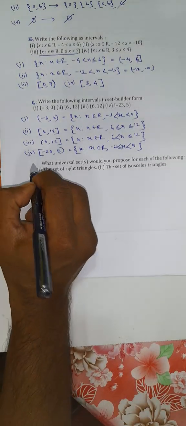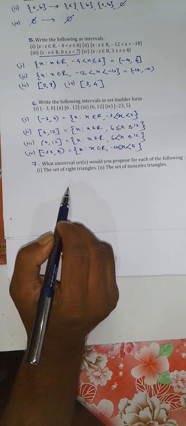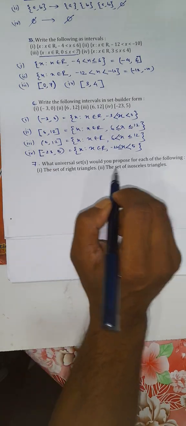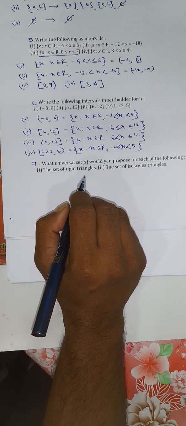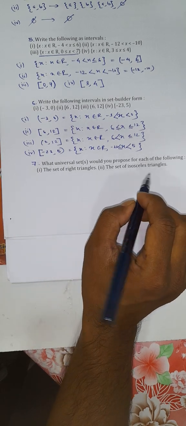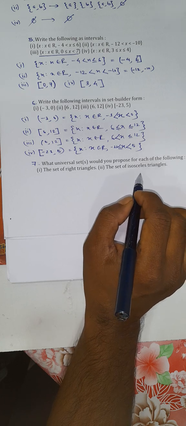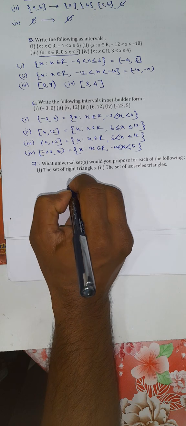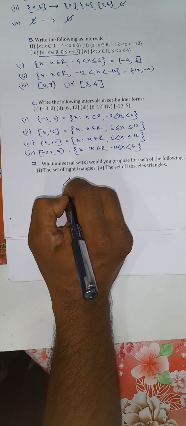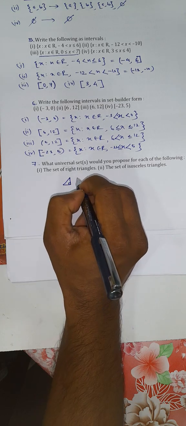Now let us discuss this question. What universal sets would you propose for each of the following? The set of right triangles, the set of isosceles triangles. The set of right triangles. Right triangle means one angle is 90 degree, right?